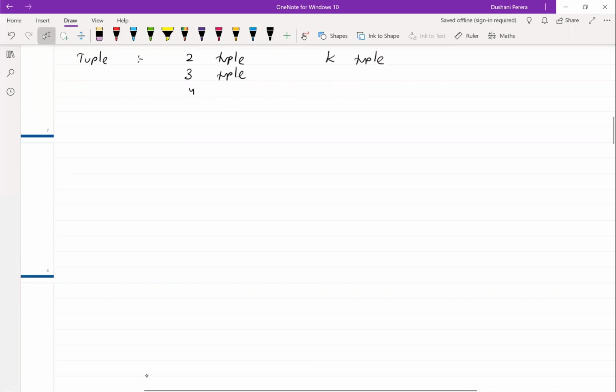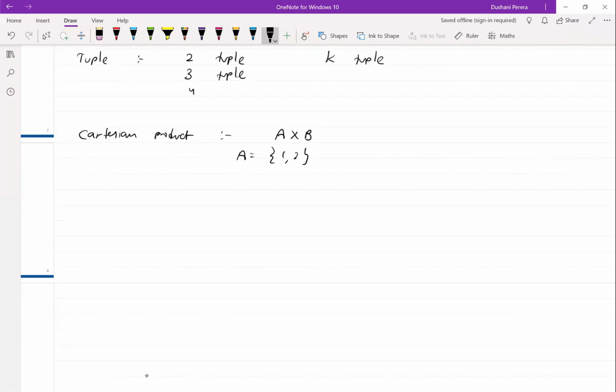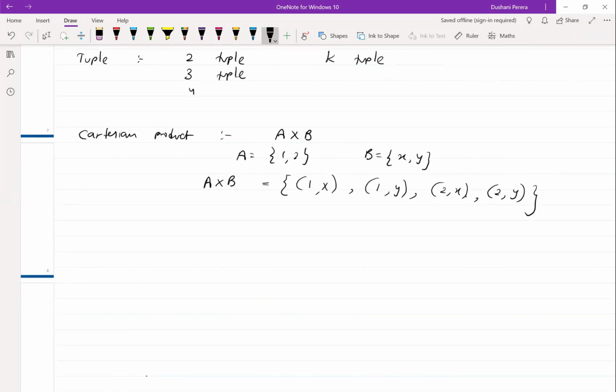Finally, the last one, again, you know this, the Cartesian product. Let's say A cross B, where A is equal to {1, 2} and B is equal to {X, Y}. Then the Cartesian product between these two is equal to 1x, 1y, 2x, 2y.